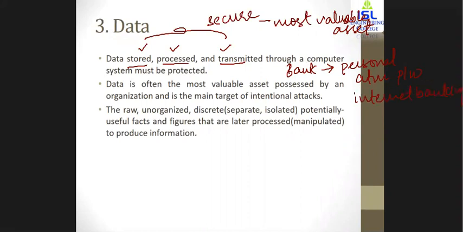All of them are stored at the bank. If a person has got access to the data of the bank, this valuable asset of the bank is being compromised, even if it is just for one particular person. If you get to know all the personal information of a person and the different accounts he is related to, you can target an intentional attack.